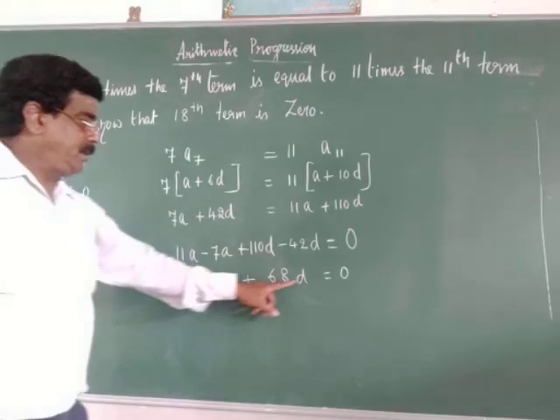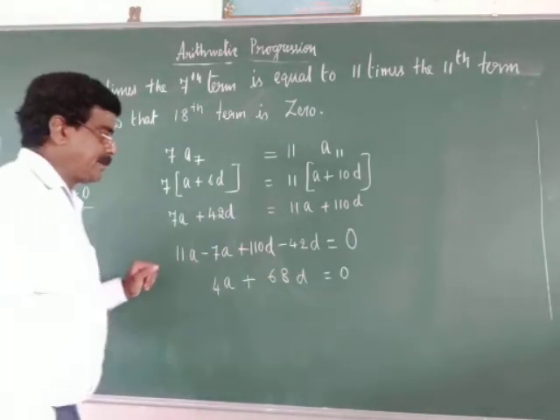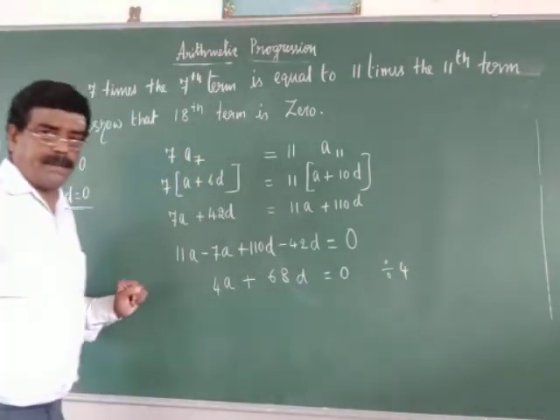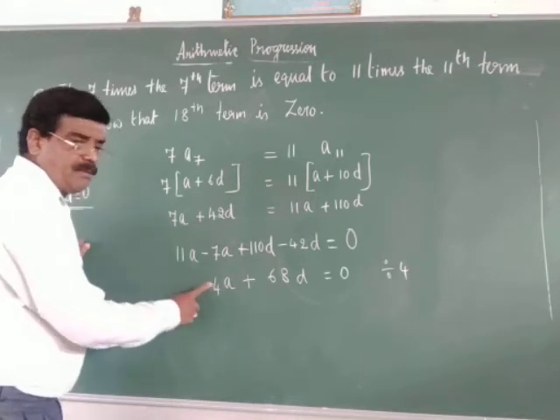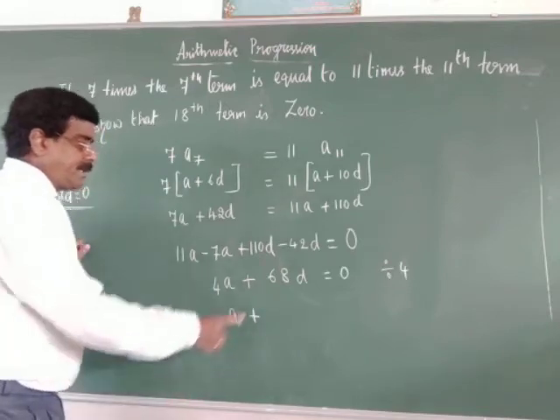So here you see, you can divide this by 4 because 4 is a common factor in this. So if you divide by 4, what you will get? 4A divided by 4 means 4 and 4 get cancelled. You must know it is A. Plus again 68.